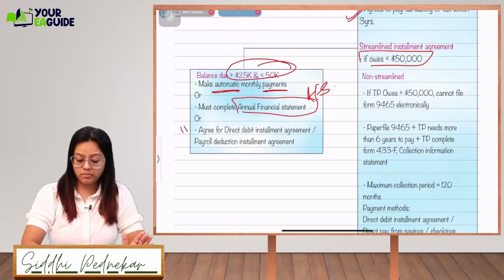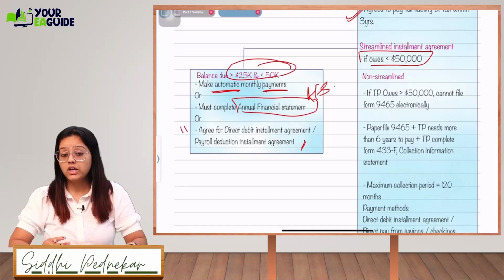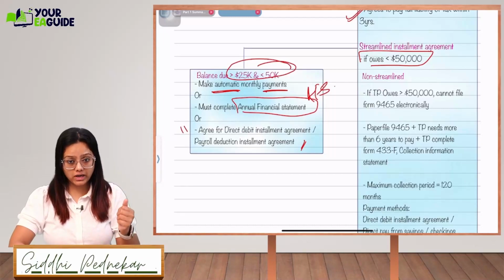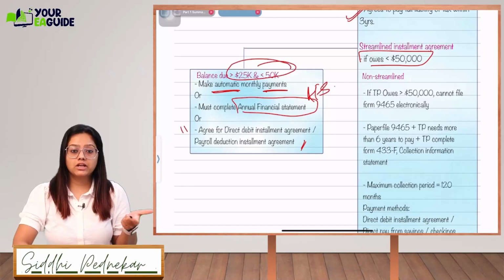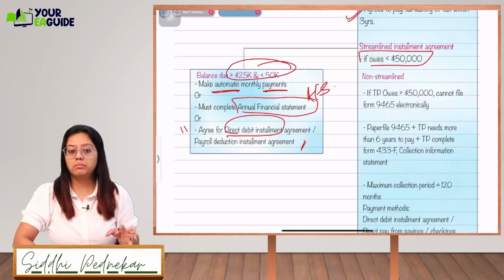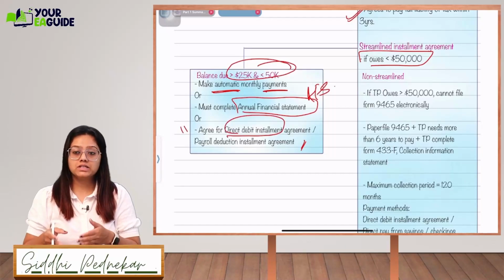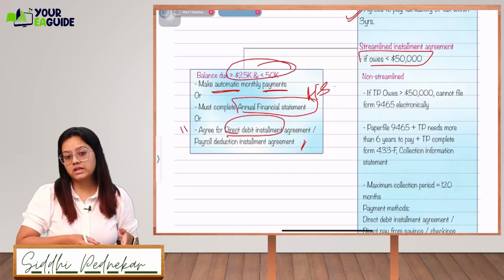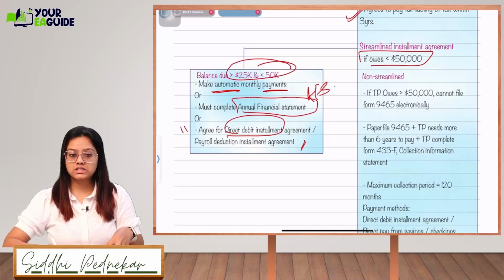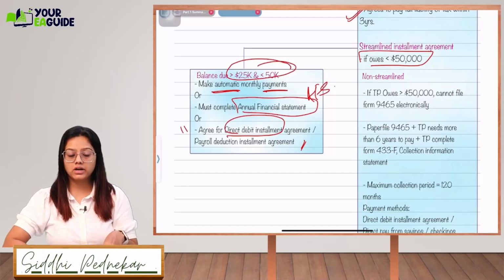I hope I have already explained this in class: you can ask the bank when you're applying, and just like your EMI is auto debited, this is your direct debit. Payroll deduction means your employer will receive a notice that while paying the salary to this person, you have to deposit this much percentage to the IRS in the form of an automatic payroll deduction amount.